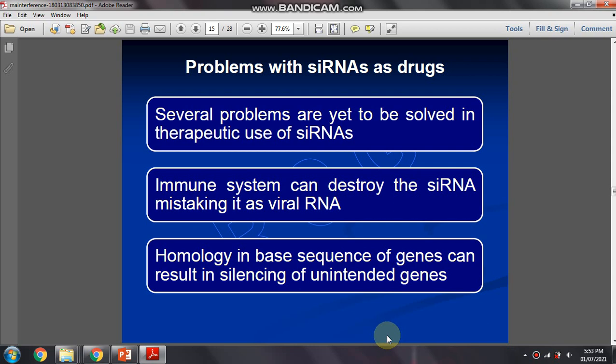Now the problems with siRNAs as drugs. Several problems are yet to be solved in the therapeutic use of siRNAs. The immune system can destroy the siRNA when it is injected into the cells, mistaking it for viral RNA.